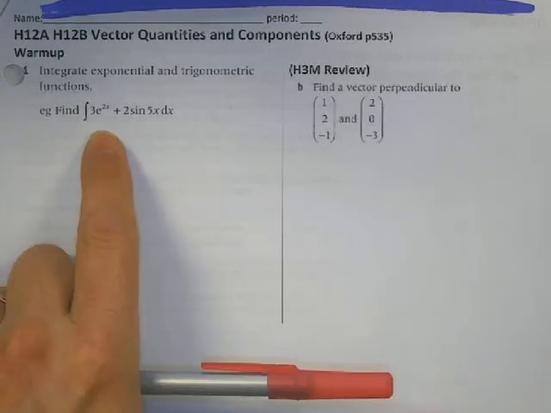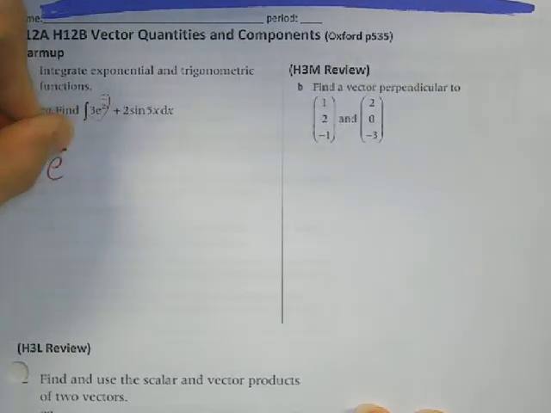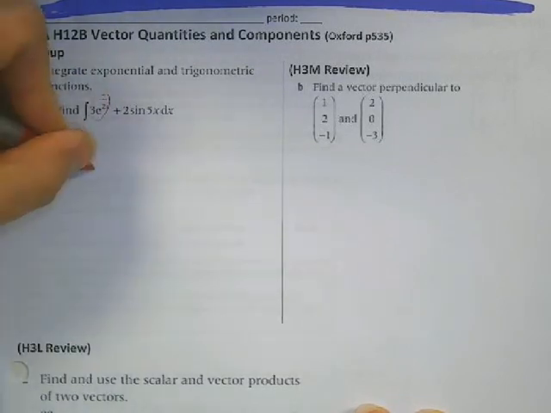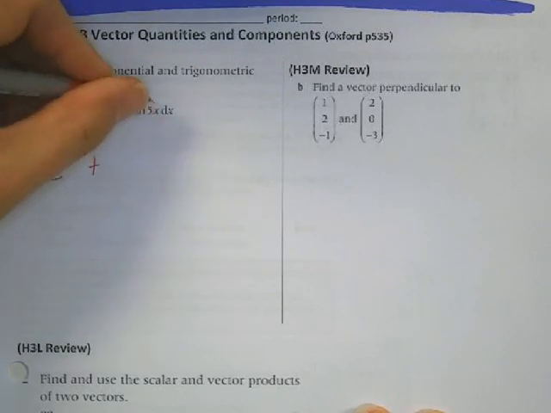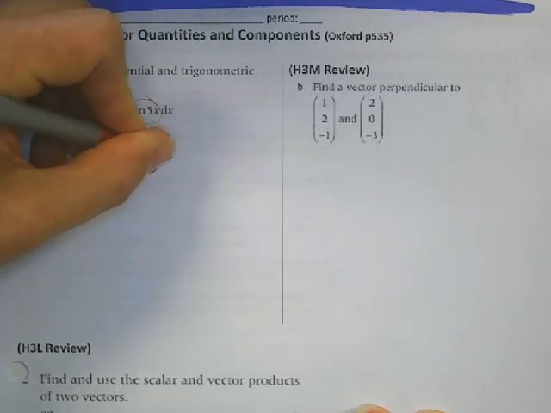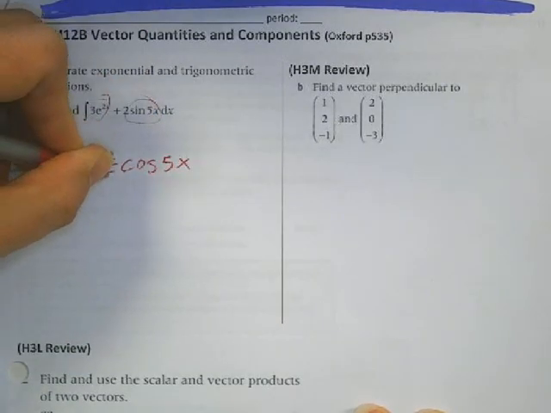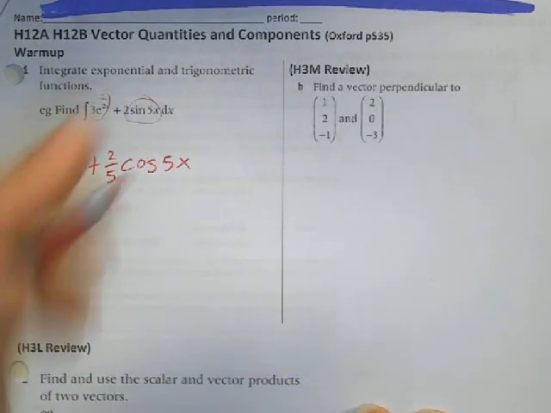Find the antiderivative of this. The antiderivative of 2x is going to be 1/2 of this, but since we have that 3, we have to have that there, plus the antiderivative of sine is cosine, and since it's 5x, we're going to have 1/5 times 2, and that's going to give us this plus c.